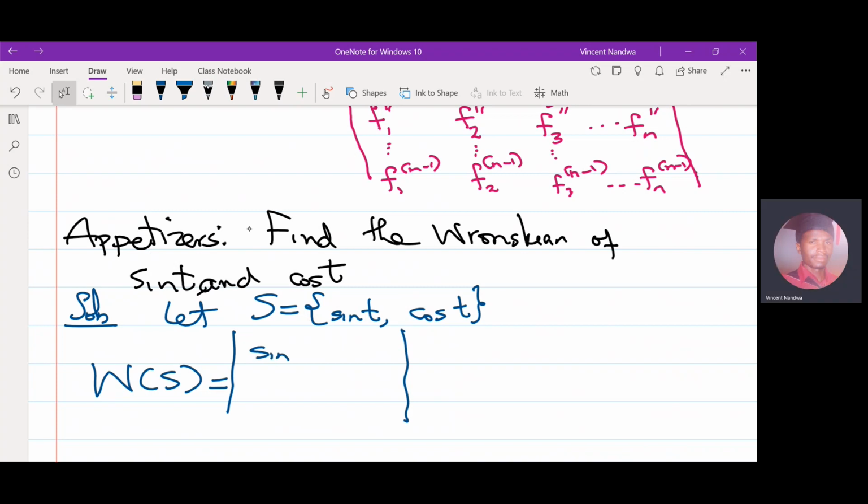so on the first row, you write the functions. And because we have only, so this is like F1, this is like F2, we'll only need the first derivative to define that determinant. So the derivative of sine is cosine. Derivative of cosine is negative sine.